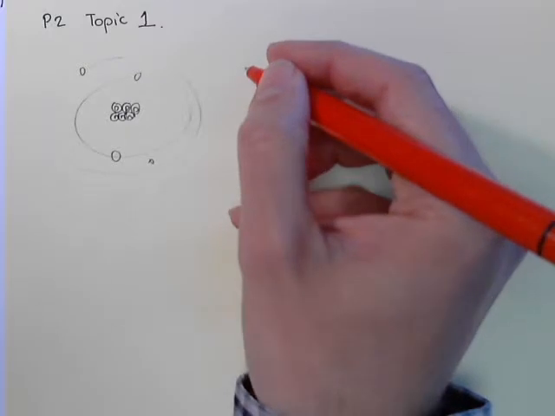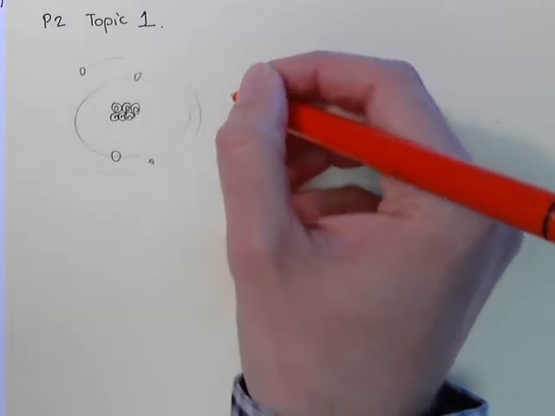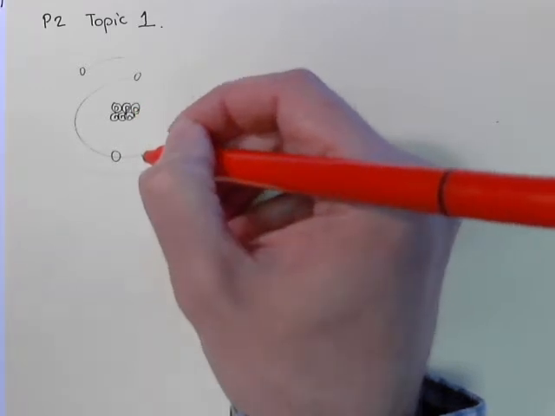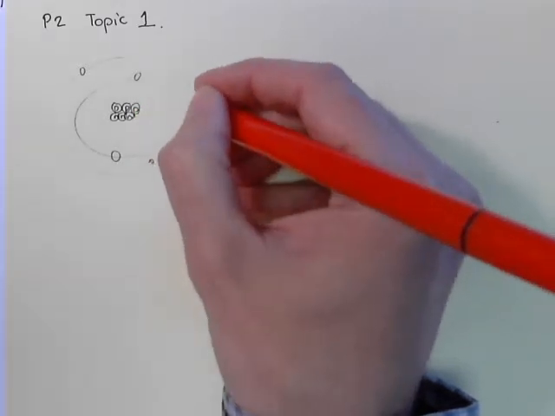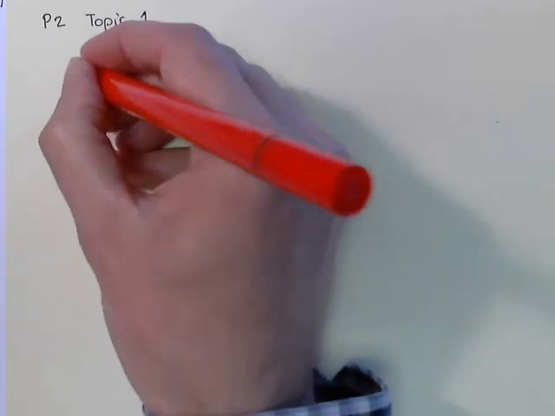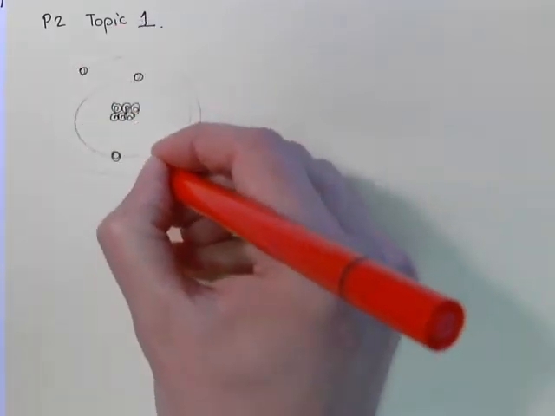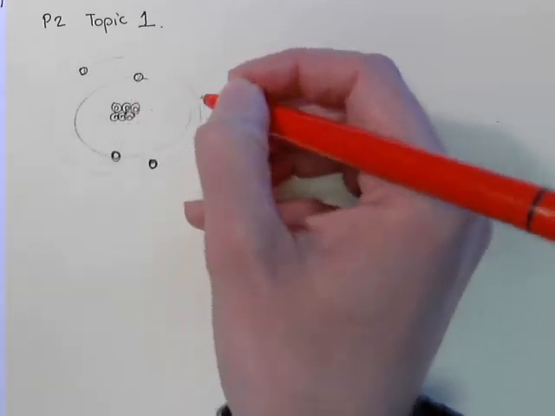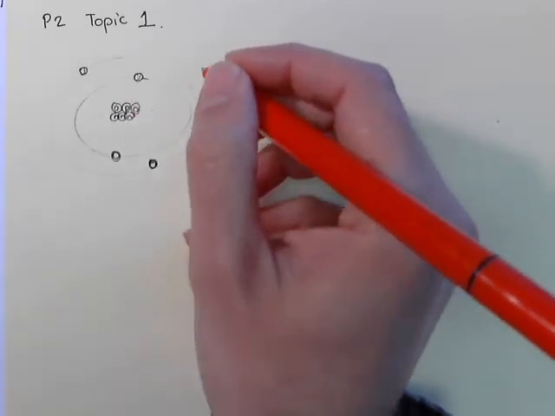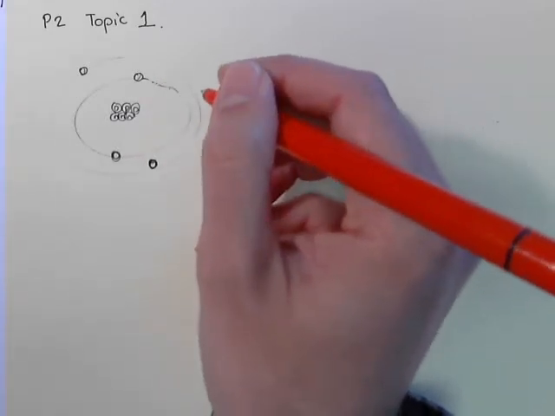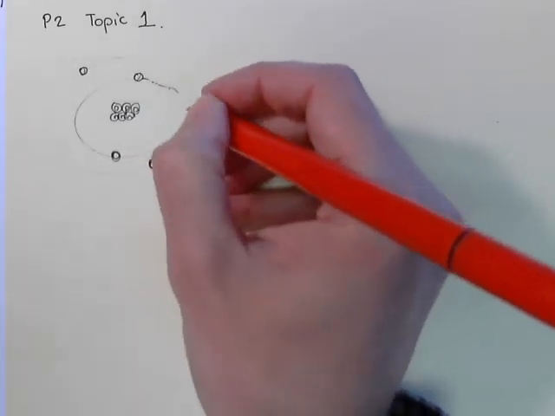You need to know the position, the mass and the charge. So the protons and the neutrons have got a relative mass of just 1, and the electrons, by comparison, are 2,000 times less massive than the protons and the neutrons. They are much, much less massive, and they carry a negative charge.